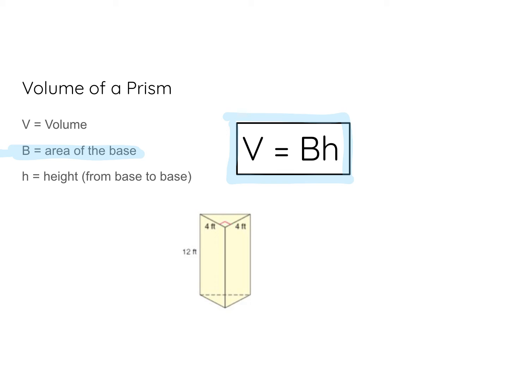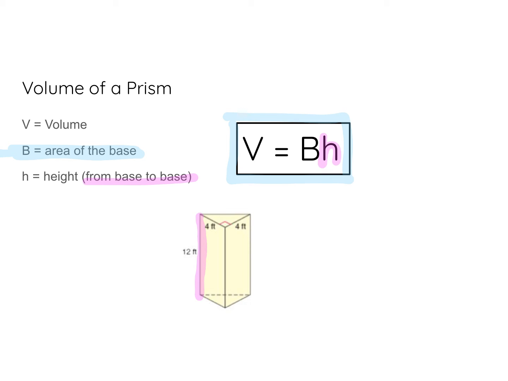So all the area formulas that we talked about last unit, you still need to know. Another thing to keep in mind is that this height here is from base to base. So it isn't the height of the base, and you'll see what I mean here in a second, but that is the distance that connects one base to the other.